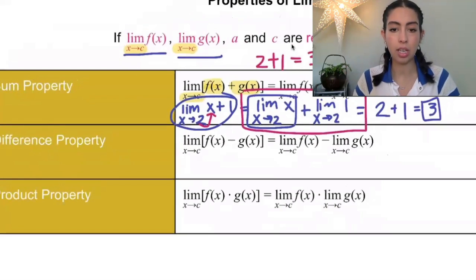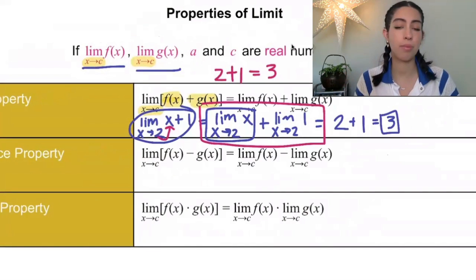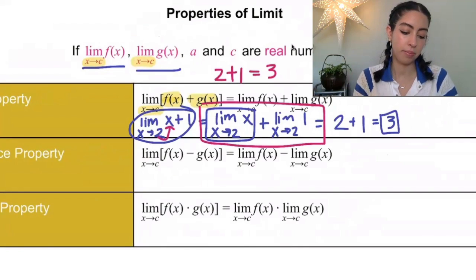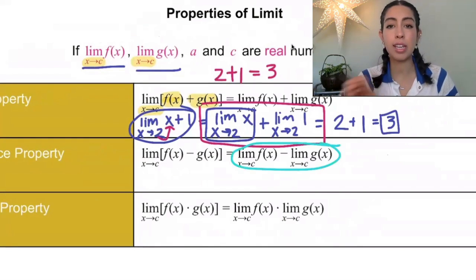So you can see here, if you are taking the limit as x approaches some value of two functions that are being subtracted, you can take each of those limits separately. And also, technically, what I'd like to bring up that I don't think I mentioned is that these work back and forth, right? It's an equal sign in the middle.